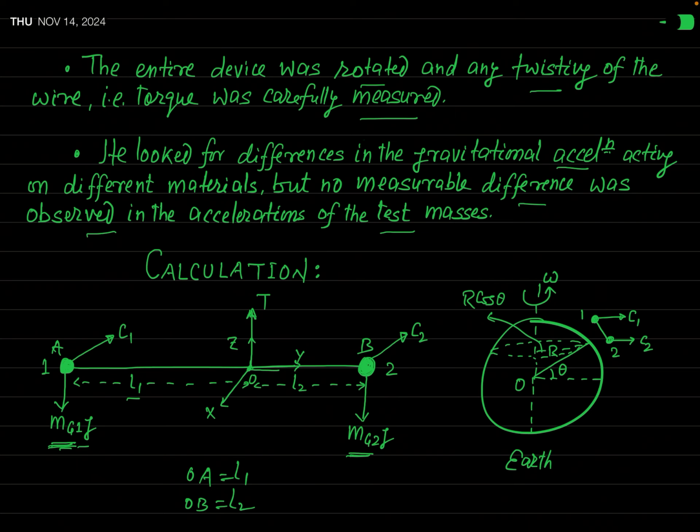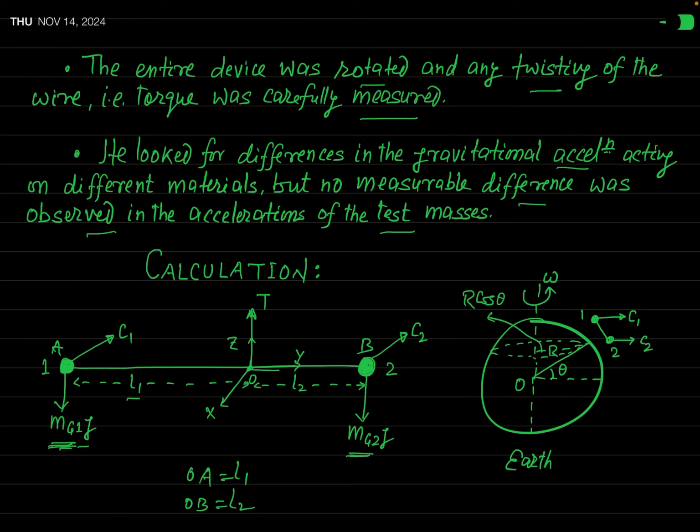So these are the gravitational forces acting on the two bodies. But we are going to discuss this problem in the Earth's gravitational field, and you know Earth is a rotating object.